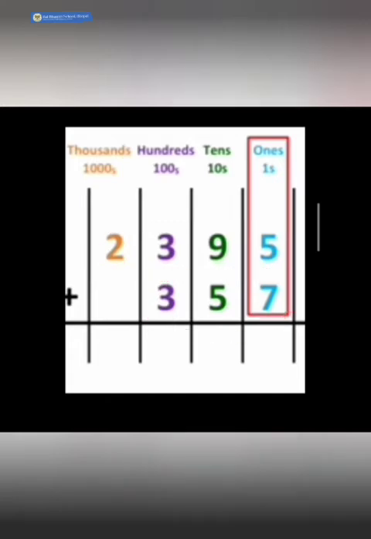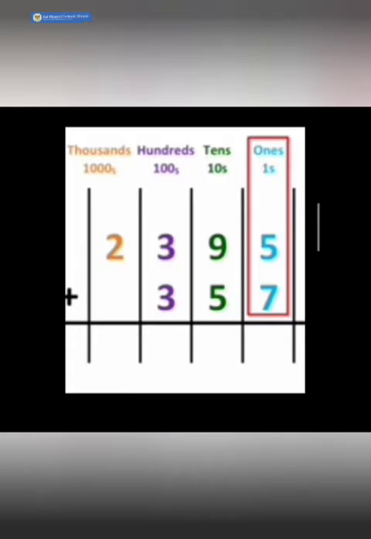If you want, you can put a 0 here to avoid any confusion of addition between a 4-digit and a 3-digit number. But please make sure it should be written in the thousands place only, because we begin writing and placing the numbers from the ones place, then tens, then hundreds, then thousands.